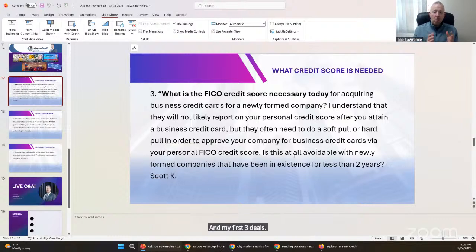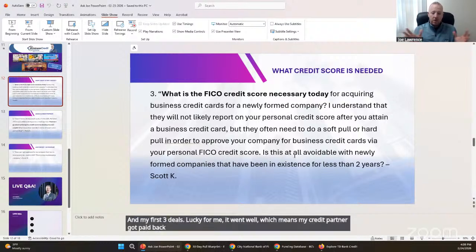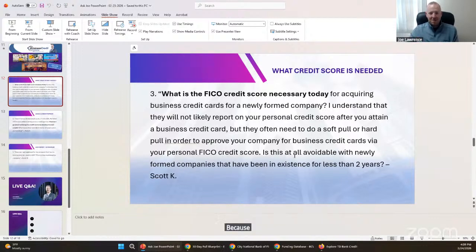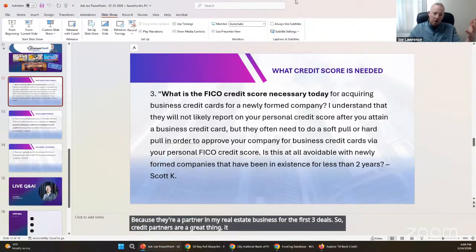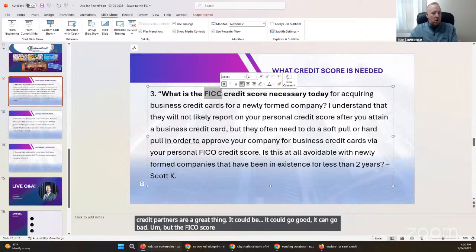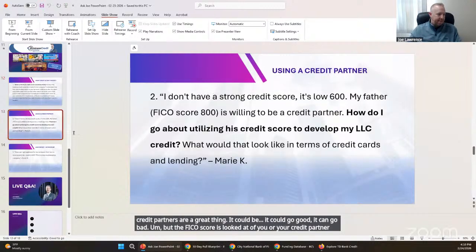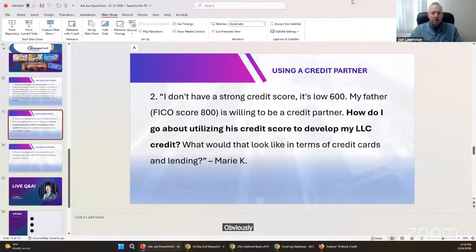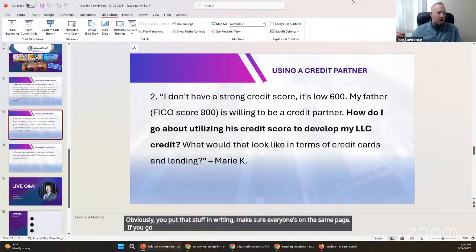Lucky for me, it went well, which means my credit partner got paid back in full. We released them from the debt obligation, and they made a lot of money because they're a partner in my real estate business for the first three deals. So a credit partner is a great thing. It could go good, it can go bad. But the FICO score is looked at of you or your credit partner. Just know that. Obviously, you put that stuff in writing, make sure everyone's on the same page if you go down that route.